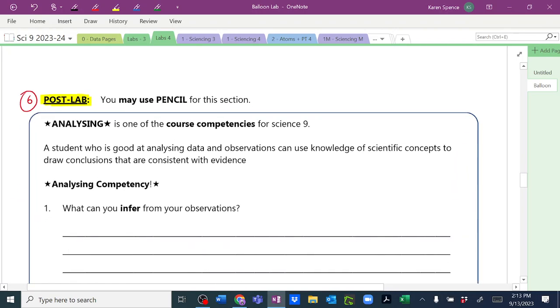Analyzing is also a core competency in Science 9. So you're going to see what you can infer from your observations. Why do you think what happened happened?